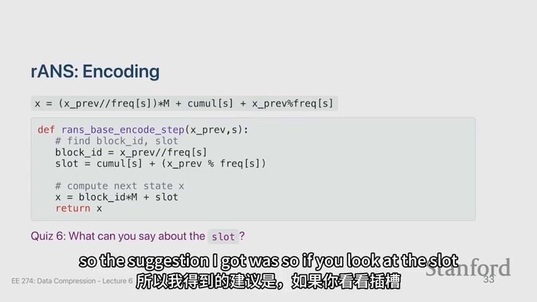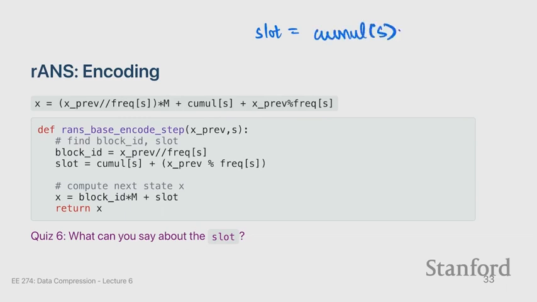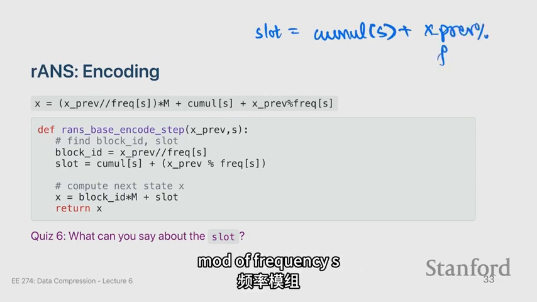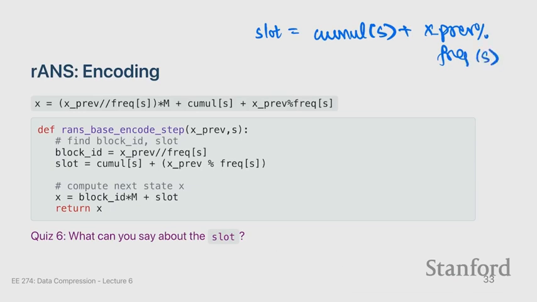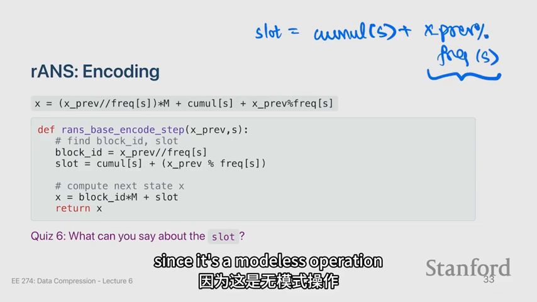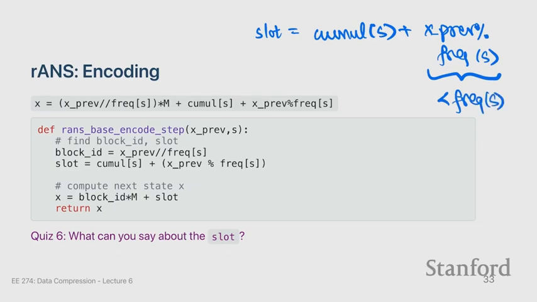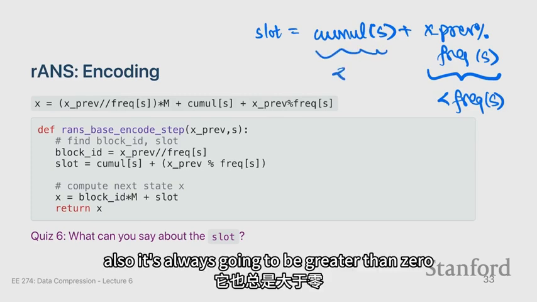Excellent. So the suggestion I got was, if you look at the slot, the slot is just cumulative plus x previous mod frequency s, right? And this term, since it's a modulus operation, is always going to be less than frequency s. And cumulative is always going to be greater than 0.